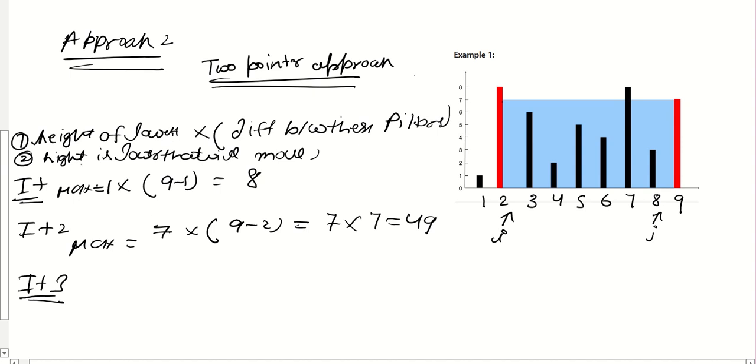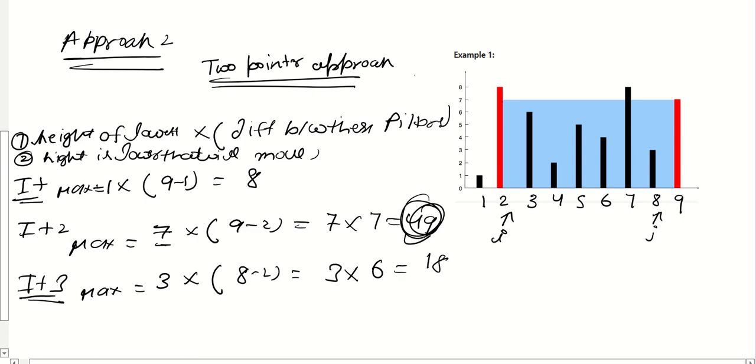If I calculate the max, say the jth height is 3 and the ith height is still 8, our lowest height will be 3 into 8 minus 2, so 3 into 6, that will be 18. But again 49 will be the max. If you complete the iteration till the end, you will get the maximum water, which will be again 49. So that was the solution of the code.